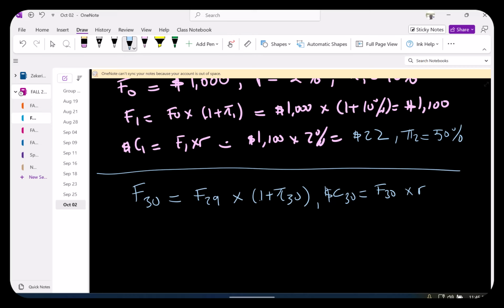Doubled means 100% increase, so 30 years from now, your face value is going to be 2,000. If I'm paying you $22 as the first coupon, the last coupon is going to be $40. Then I'm going to pay you another 2,000. In a normal bond, I pay you only the 1,000. In an inflation-indexed bond, if that F30 is 2,000, I actually pay you 2,000.